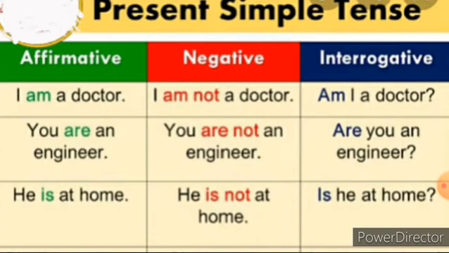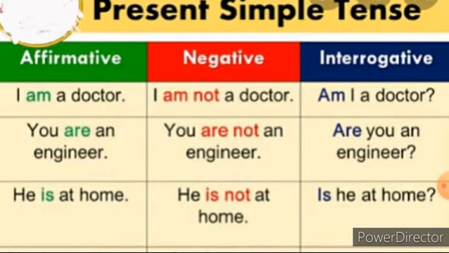Second person, it may be either singular or plural. You have to consider the second person as you only. You are an engineer. For you, the second person, the present verb we are using here is are, A-R-E, are. And then next, he. He is at home. The verb used here is is.